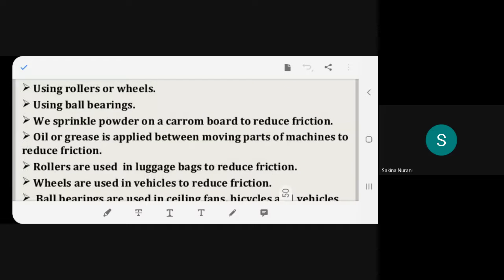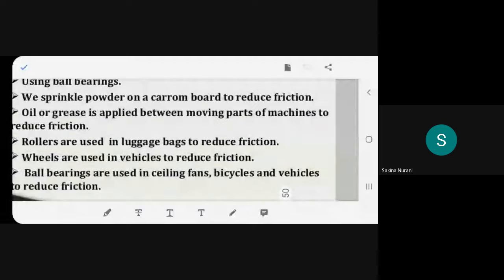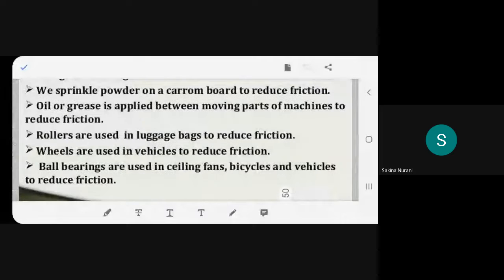Oil or grease is applied between moving parts of machines to reduce friction. Rollers are used in luggage bags to reduce friction. Wheels are used in vehicles to reduce friction. Ball bearings are used in ceiling fans, bicycles, and vehicles to reduce friction.